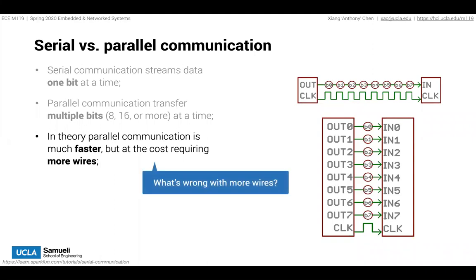If you are still not convinced, you might say, well, why not just add more pins or more wires? The first reason to hesitate is that you're going to increase the size of your embedded devices, not to mention the complexity you add to your overall systems.